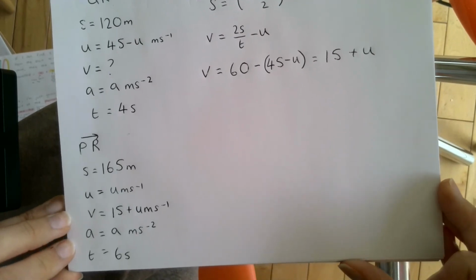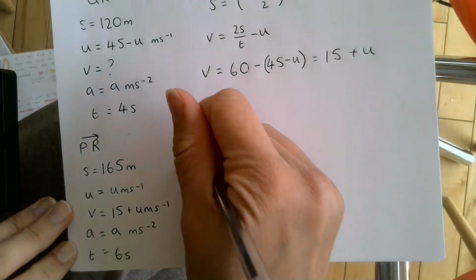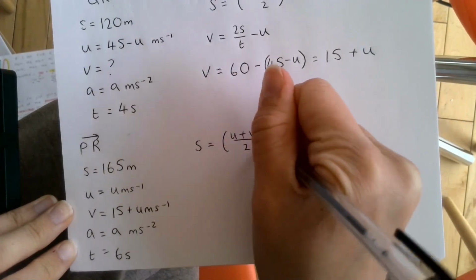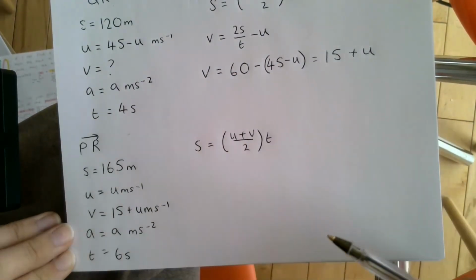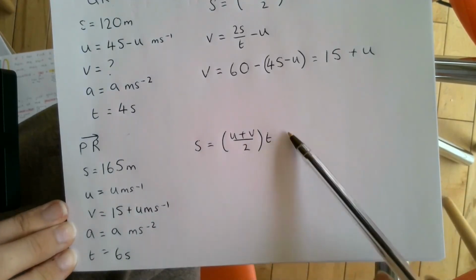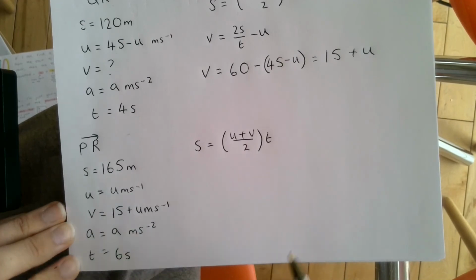Now I know that S is equal to (u plus v) over 2 times t. And if I put all what I've got into that formula, then I hopefully should be able to solve for u, which is what I'm looking for in this question.